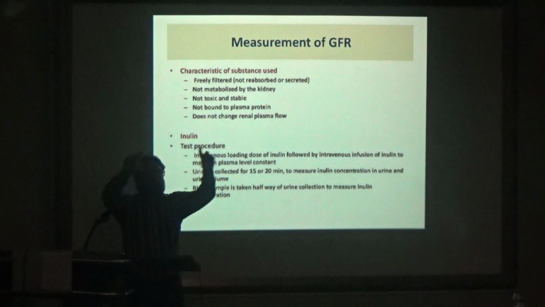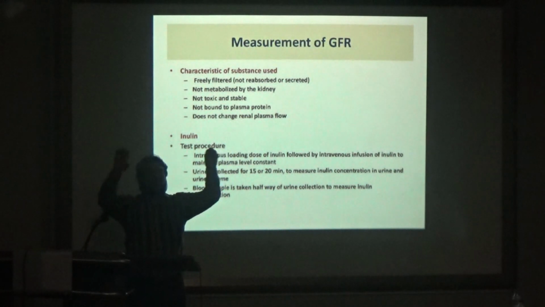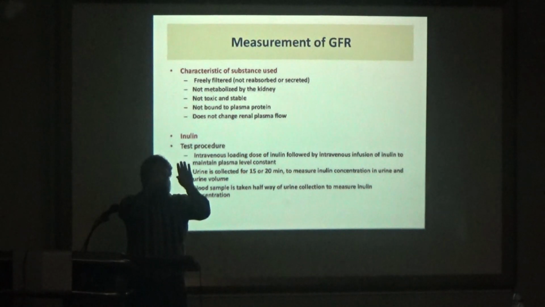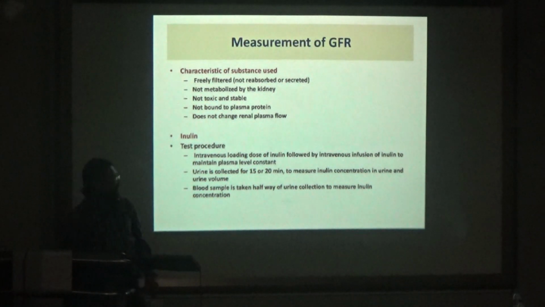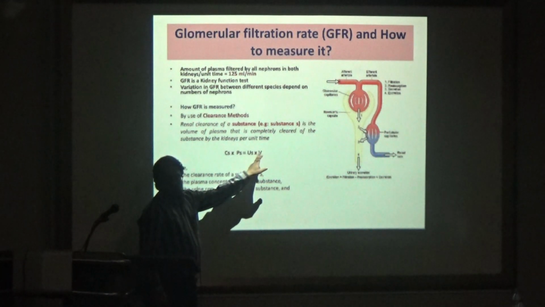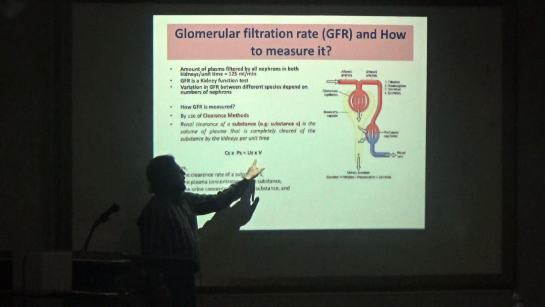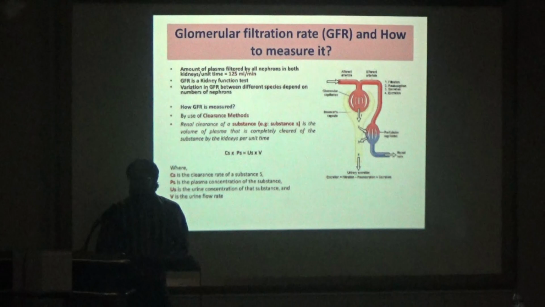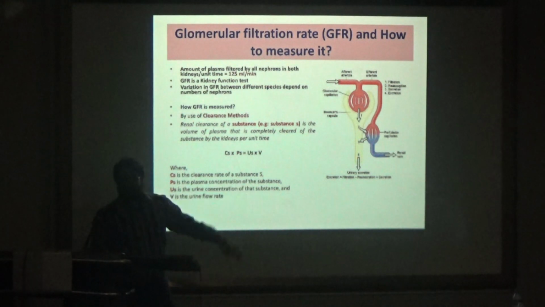In your clearance formula, there are 2 terms at the top and 1 at the bottom. The 2 at the top are urine concentration and urine flow rate, and the 1 at the bottom is plasma concentration.